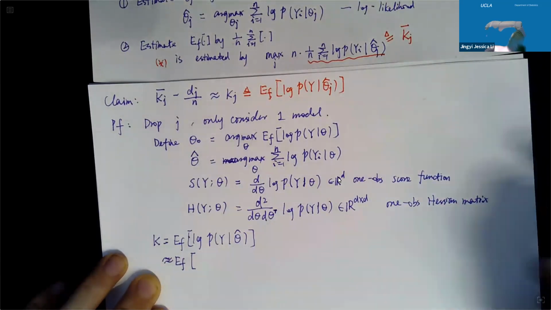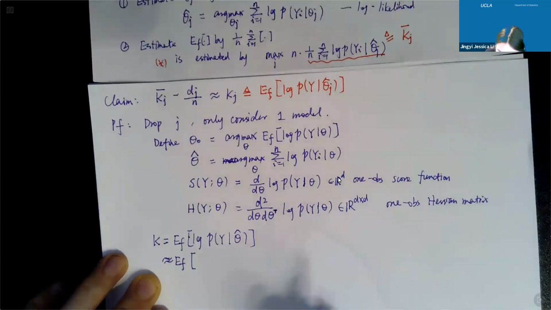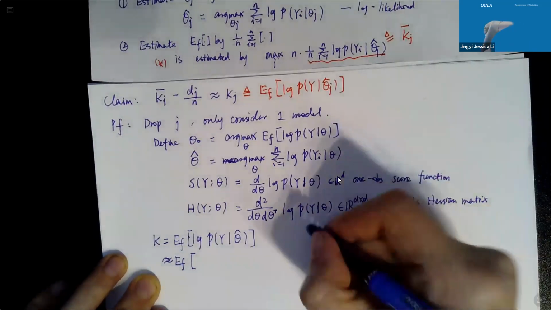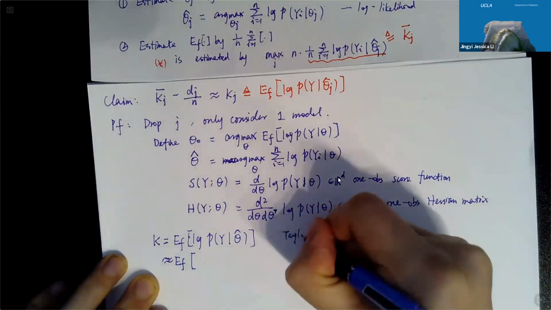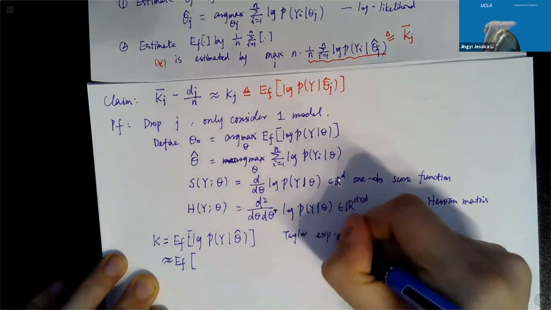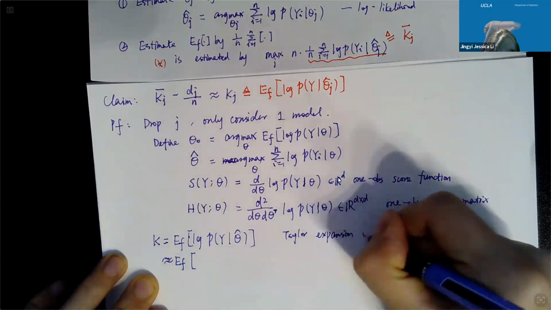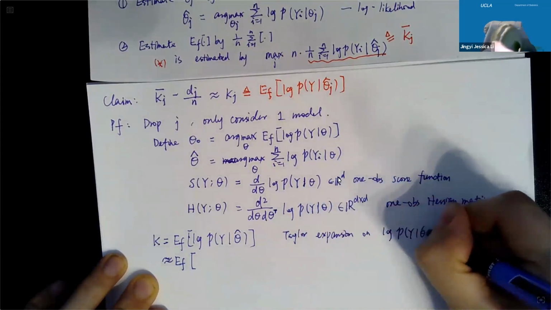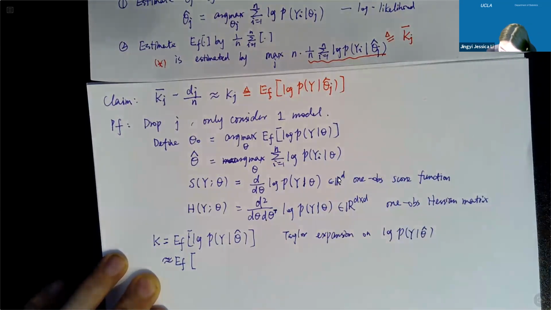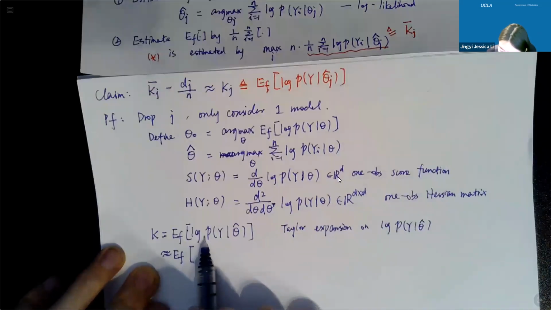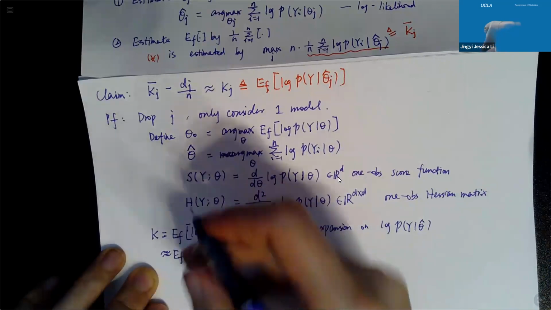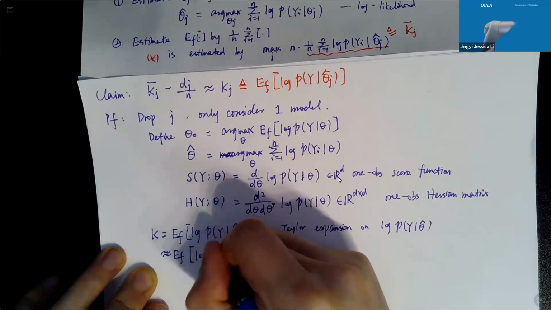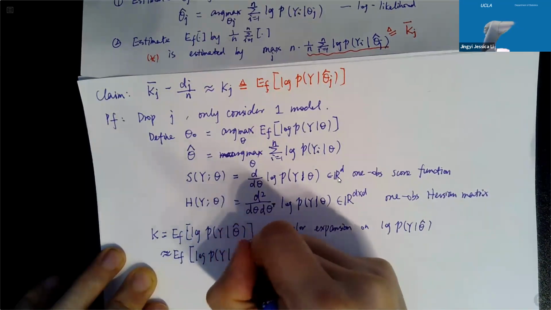And here, this Taylor expansion is going to be applied to the log density, log Py. Okay? And we are going to do the expansion around theta zero. So we write log Py at theta zero.